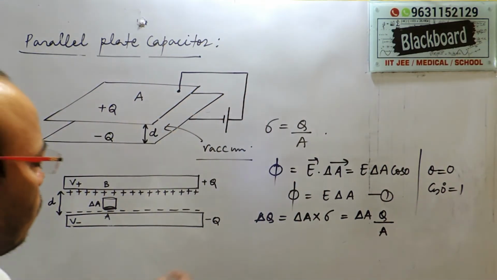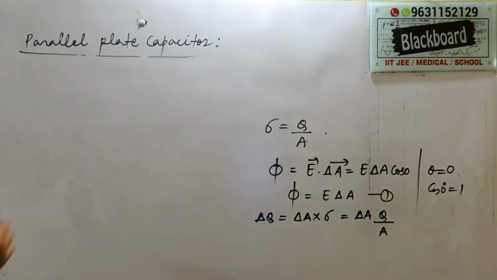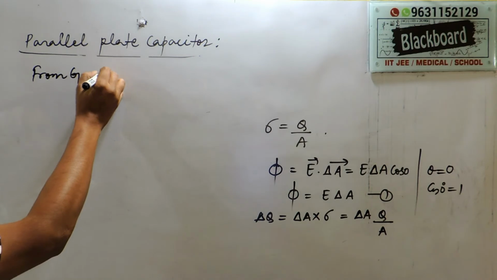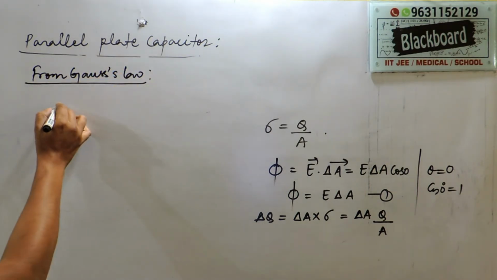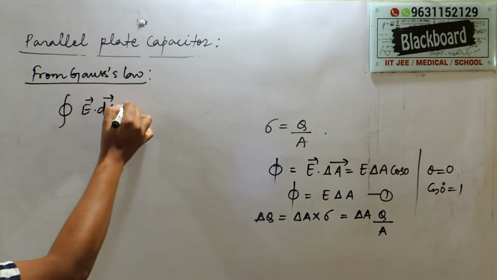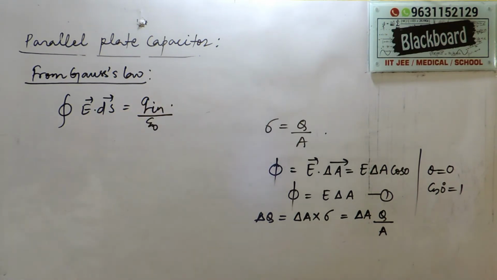Now from Gauss's law, E dot ds is equal to charge inside divided by epsilon naught.